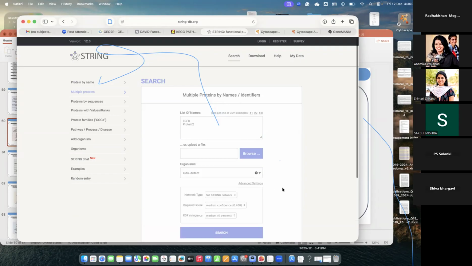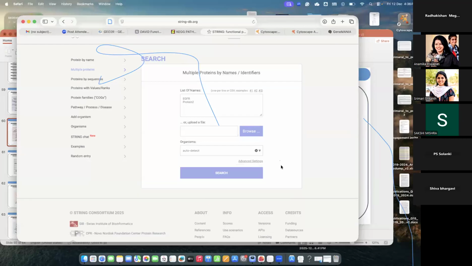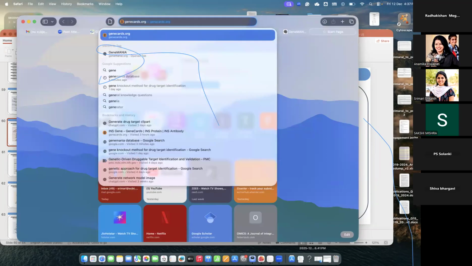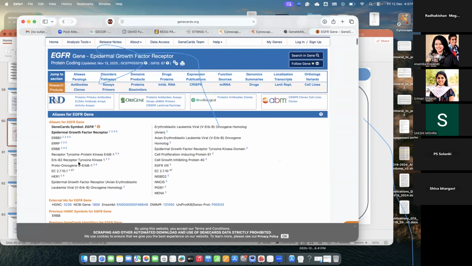Then you have to choose the organism. Okay. And actually, I know how to convert the genes to their respective proteins. But can you tell me how to convert the proteins to get their respective genes? If you have a list of proteins, you can use GeneCards.